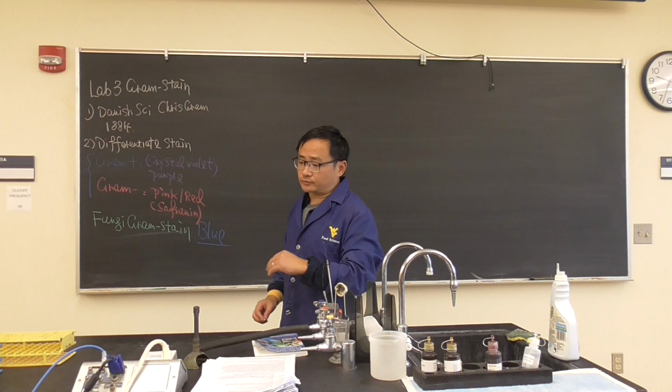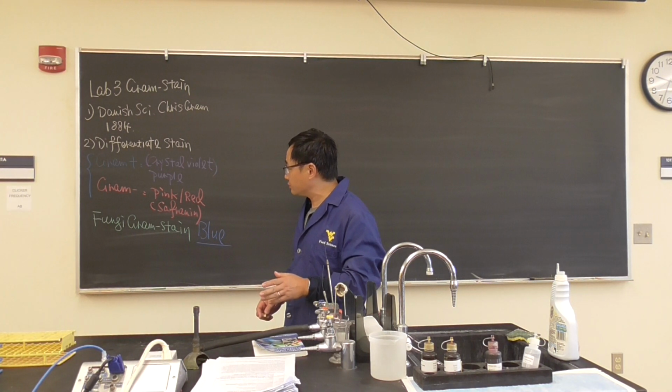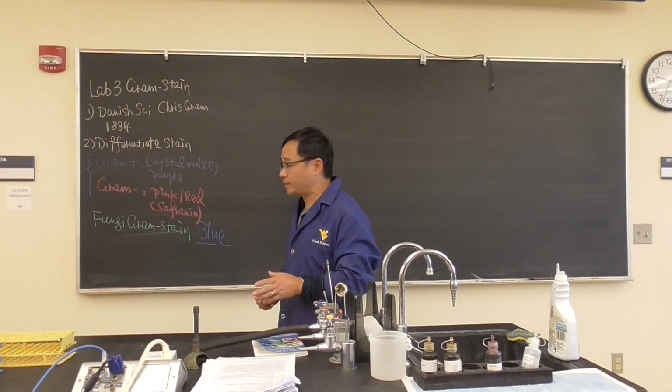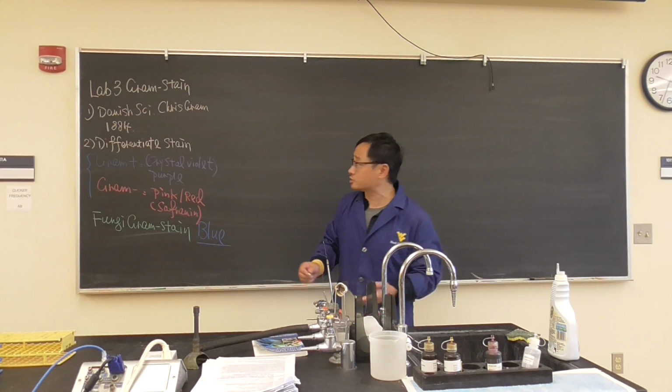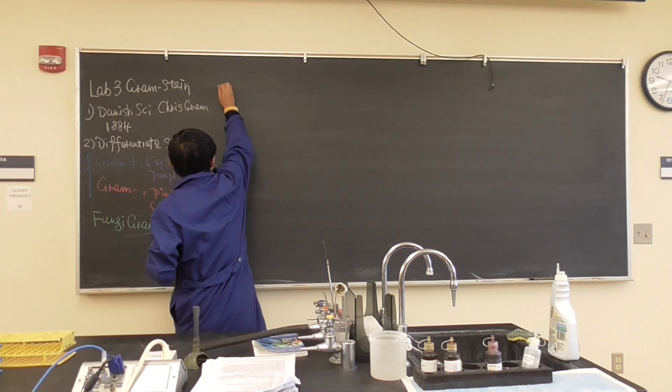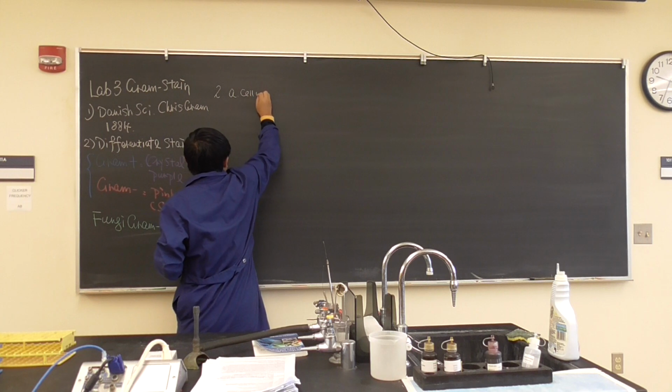And the principle behind why the gram positive bacteria will stay purple and gram negative bacteria will stay pink and red, you may learn in other classes. This is about two theories. The first is the cell wall theory.